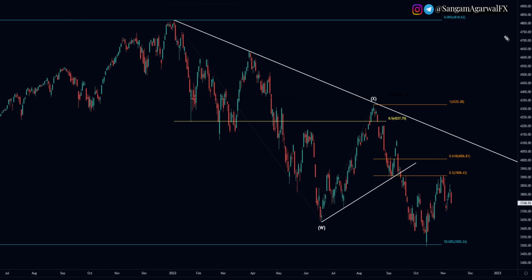And if we see the daily time frame of SP500, then first of all we have this trend line.